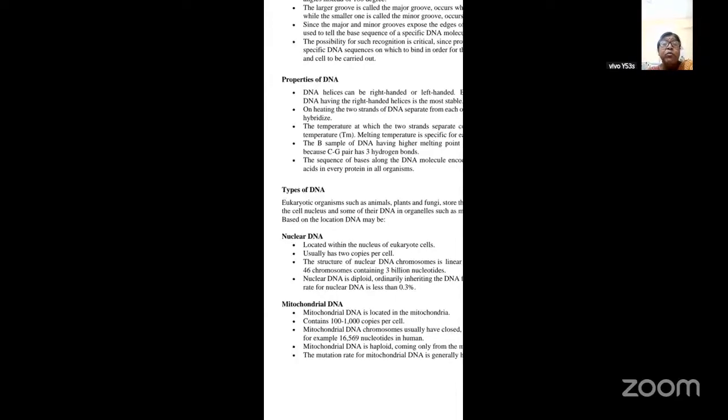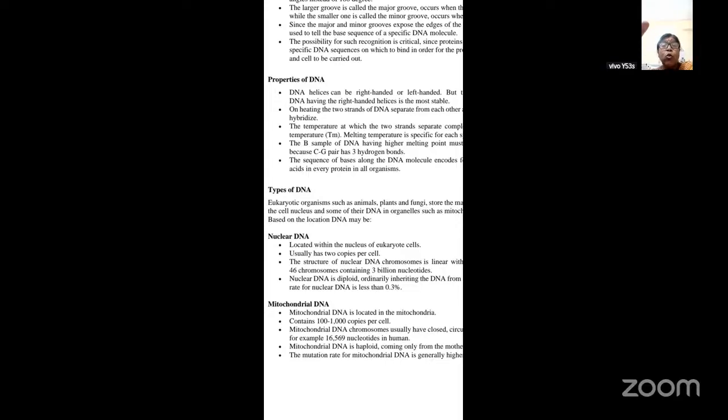Then you have types of DNA. We have two types of DNA, that is nuclear DNA and mitochondrial DNA. DNA found in the nucleus we call nuclear DNA, and the DNA found in the mitochondria we call mitochondrial DNA. In nuclear DNA, you have two copies per cell, and the structure is always linear with open ends, consisting of about 46 chromosomes with 3 billion nucleotides.